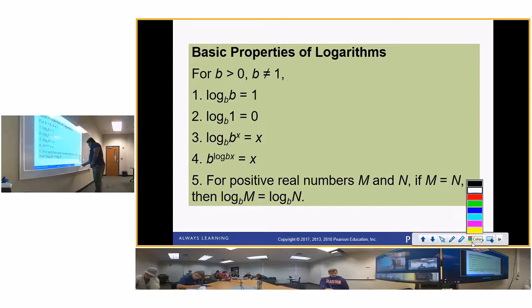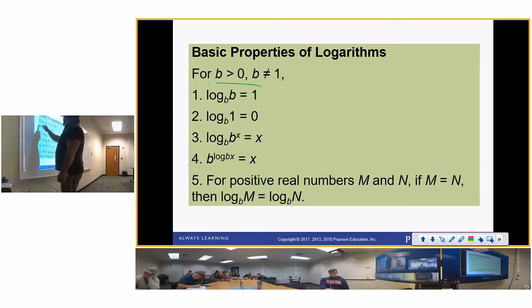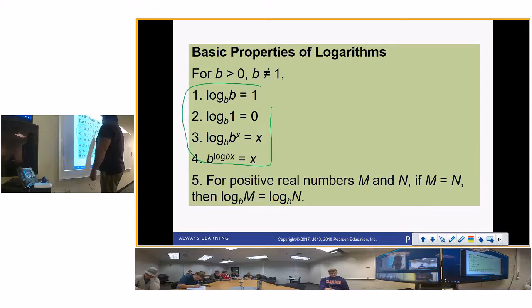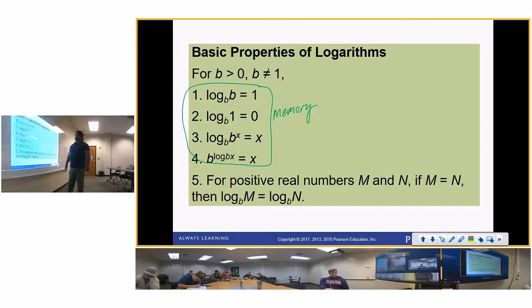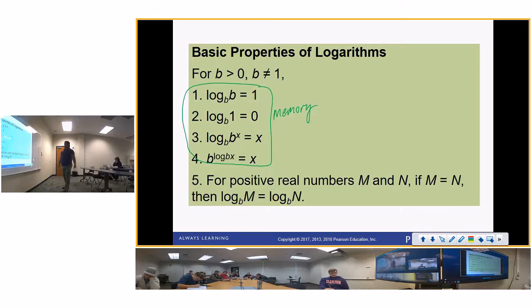I'll highlight these green, or I'll just write that you need to memorize these. Okay? You're going to see these four later. In fact, the problems I was going to go over today, you were going to see them. So I'll just hold off on 5.3.